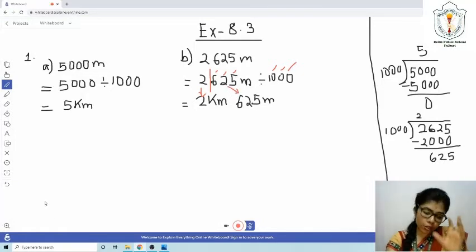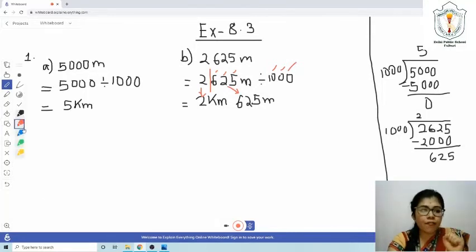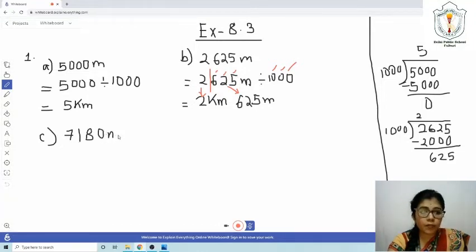One more sum I'll show you, which will make you very clear how you will divide orally without using the long division method. You see here, C I have is 7180 meter. Now we will divide 7180 by 1000. 1000 has how many zeros, children?